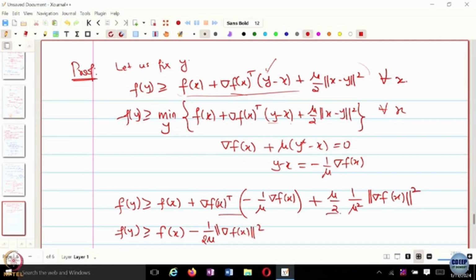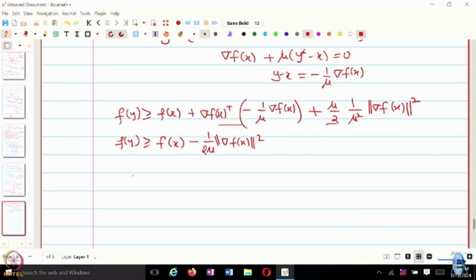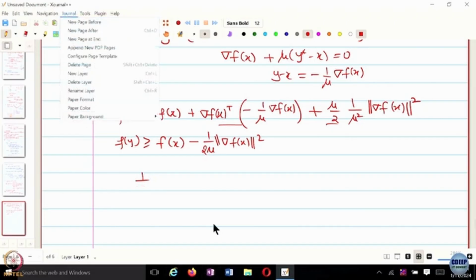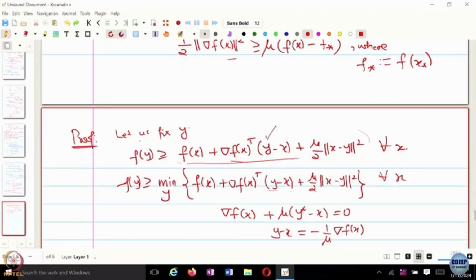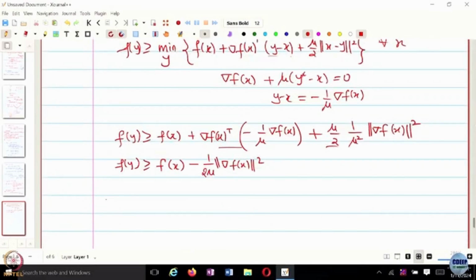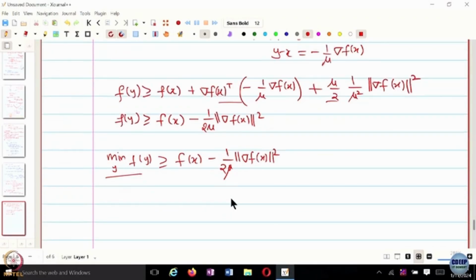just adding these two terms. All right, or what do we have? 1 over 2 mu norm of the gradient squared. In fact, you can directly argue from here. This holds true for any y, because we had fixed y in the beginning. So this would also hold true if I minimize the left hand side with respect to y, because this holds for any y, and that is nothing but f star, your optimal value.